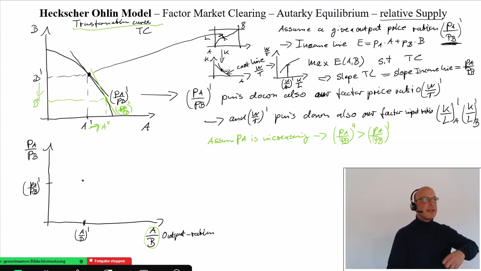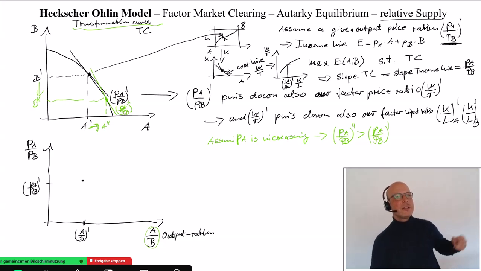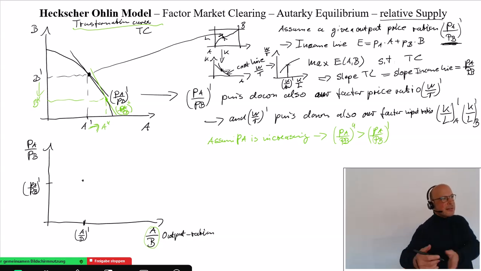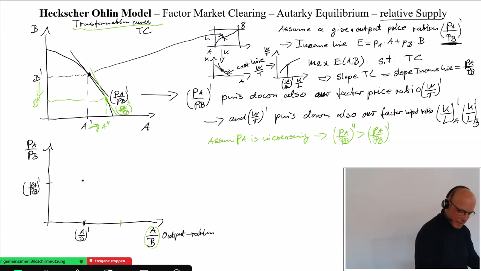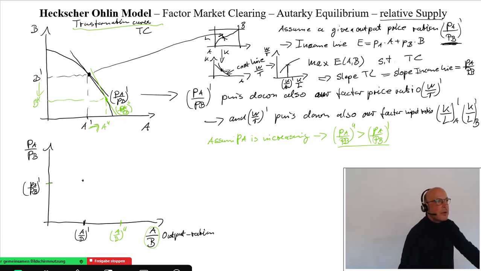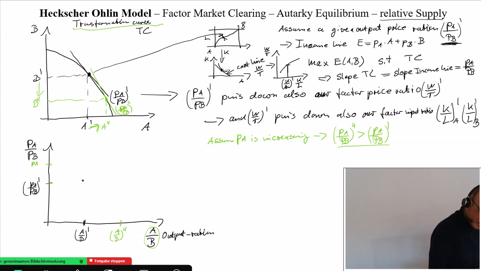If A is going up and B is going down, then A over B relative to the starting point moves to the right. Let's say A doubles and B goes 30% down, then of course I obtain a larger number. So maybe it would be here, A and B double prime. And our price ratio, well, this was our assumption that it is larger. So PA over PB double prime would be maybe somewhere here.